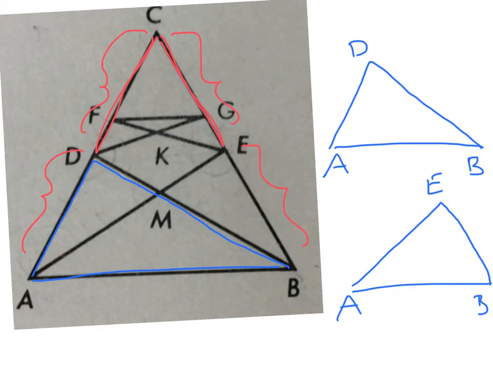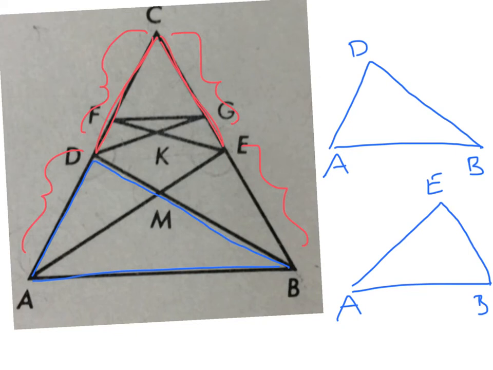Just like we did up top for the previous one, I know that D is a midpoint, E is a midpoint. I know that this piece and this piece are the same, so I should be able to just show a congruence between all four of these line segments, AD, DC, CE, EB. That shouldn't be too difficult to do.